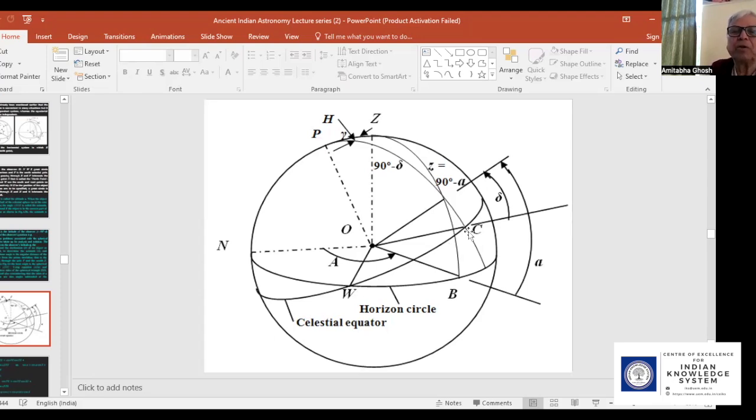And the height above the celestial equator we call the declination. So this is nothing but 90 minus declination. This is the zenith angle, which is again nothing but 90 degrees minus the altitude angle. And this is again the latitude angle. So this is again nothing but 90 degrees minus.